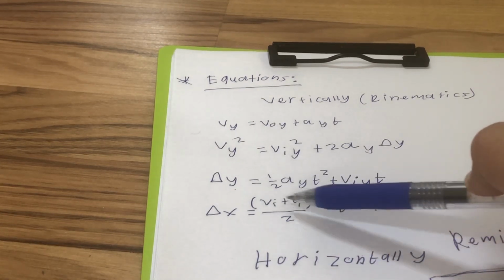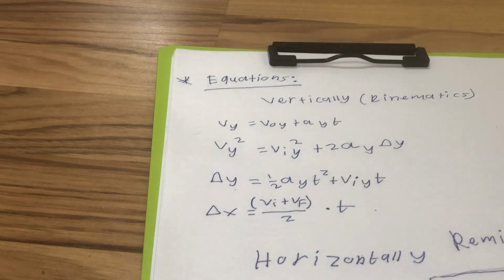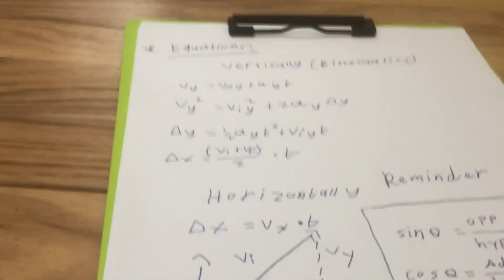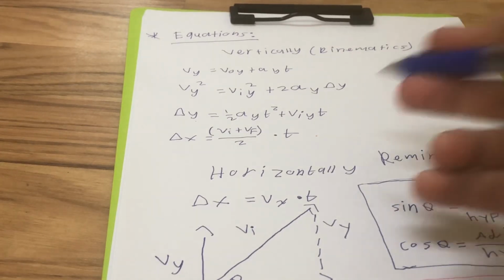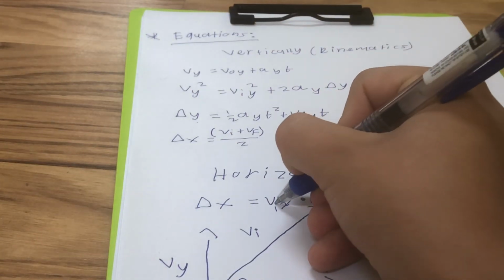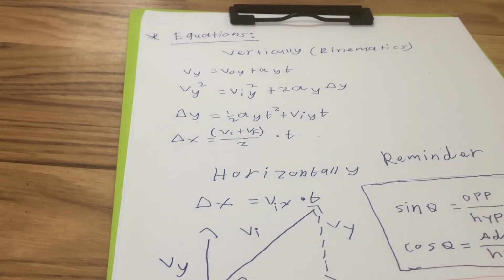There are VI and VF, but there is no y sign. Now horizontally, if the question says find the horizontal displacement, we use this formula, delta x equals Vx times t, or you can put Vix to be clear.